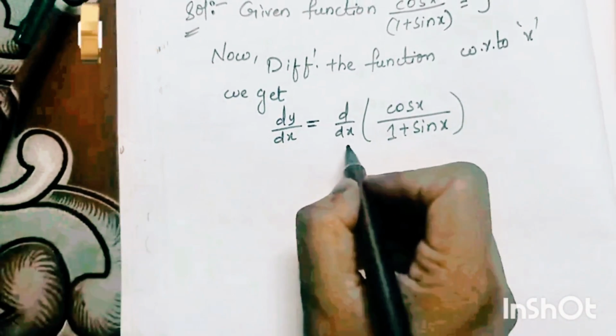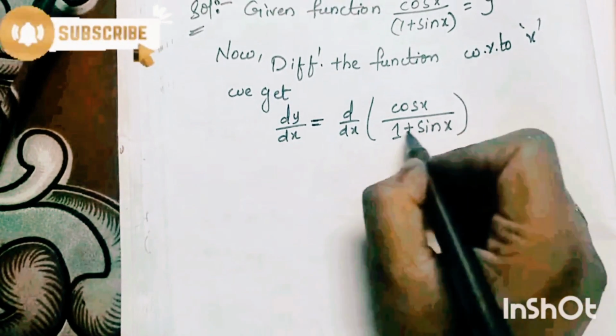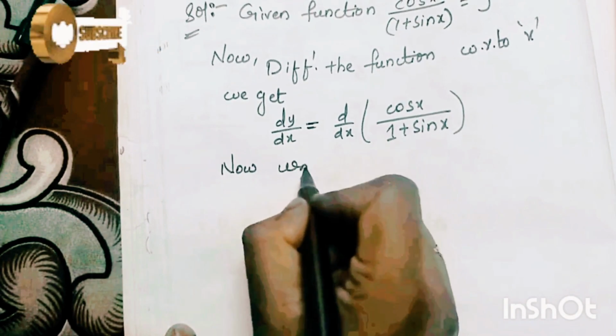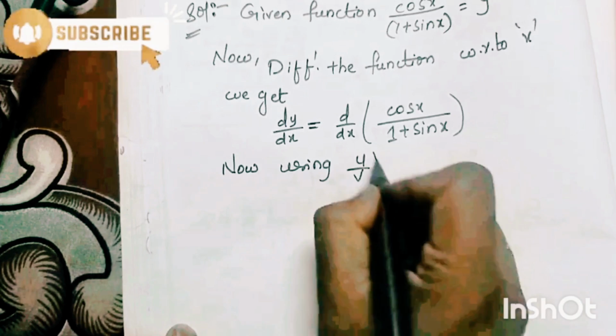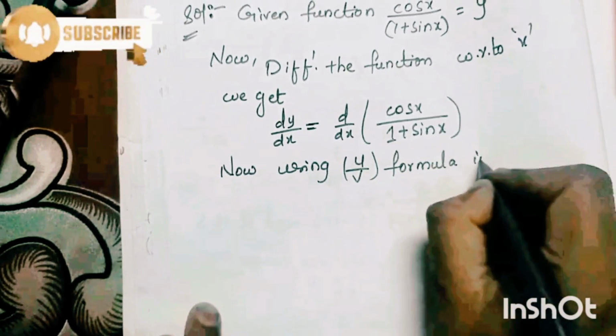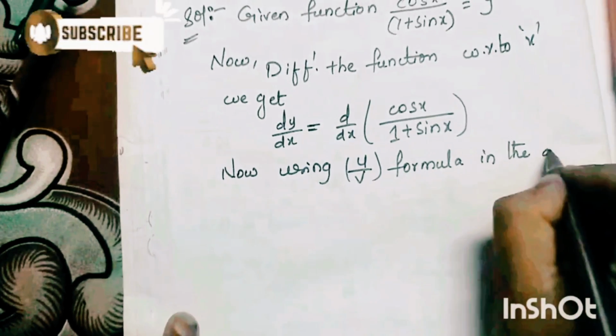dy/dx equals d/dx of cos x by 1 plus sin x. Now using the u by v formula in the above form, what do we get?